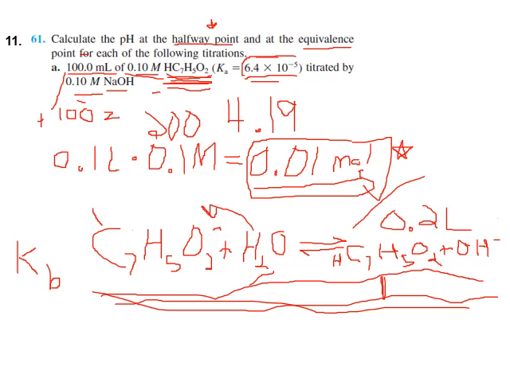And then your initial concentration here will be whatever you get. Let me just actually do this so that we can write it in. So it's 0.01 moles divided by 0.2 liters, and that is 0.05. So 0.05 is what's going to be your initial concentration for this stuff right here, right?